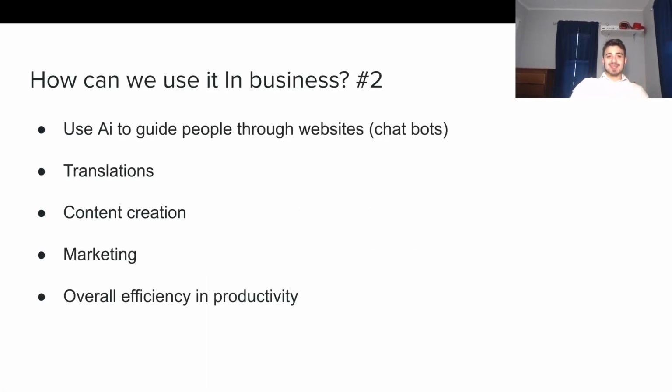Moving right on. How can we use it in business? Number 2, some actual practical uses of the AI. We can use AI to guide people through websites. We've all been on a website where it's kind of confusing, and sometimes they have those little chat bots in the bottom hand corner. Those are useful.